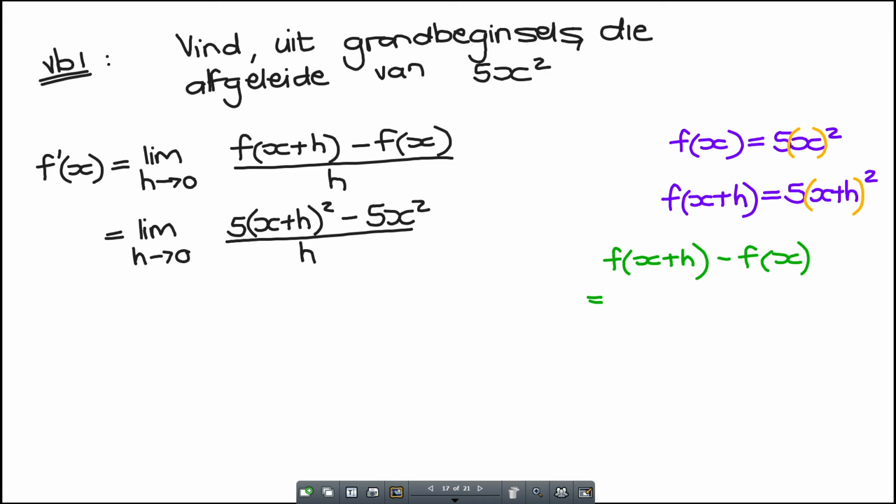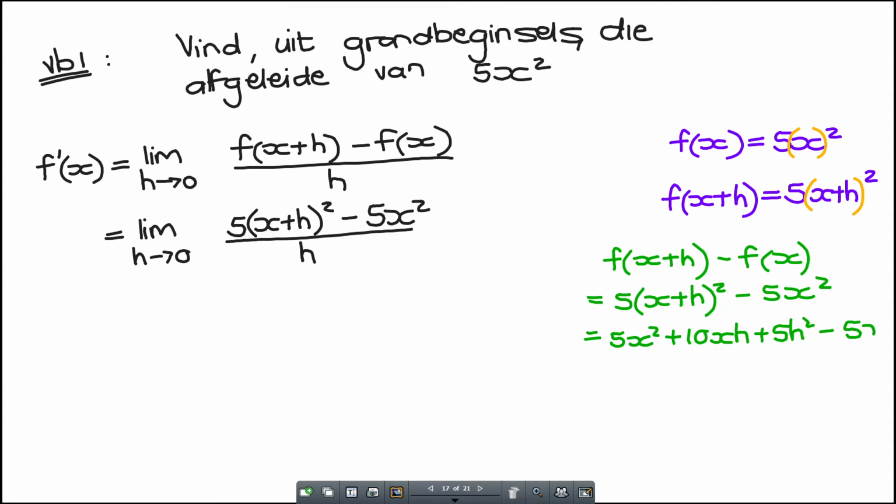That would be basically what we had at the top of that fraction. Okay, so now I'm going to quickly multiply out. It's going to be 5x squared plus 10xh plus 5h squared and then minus 5x squared.